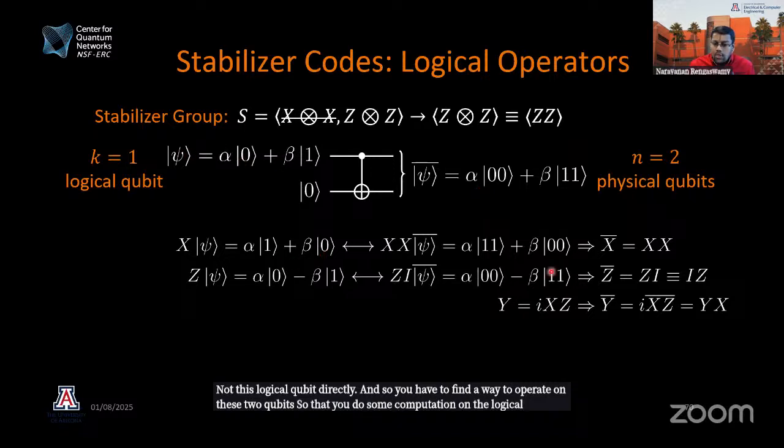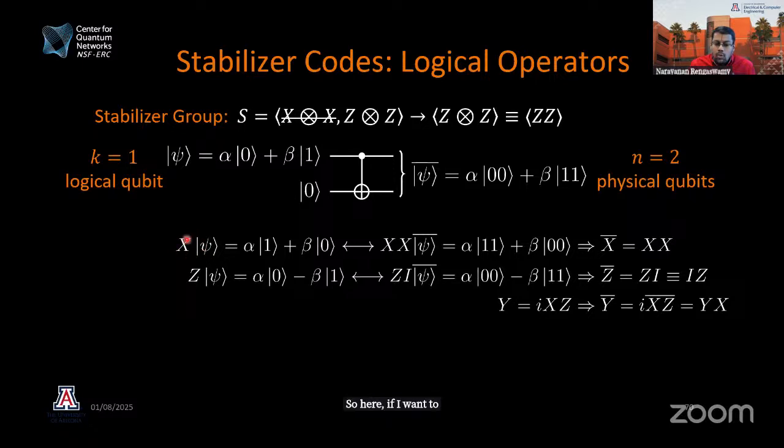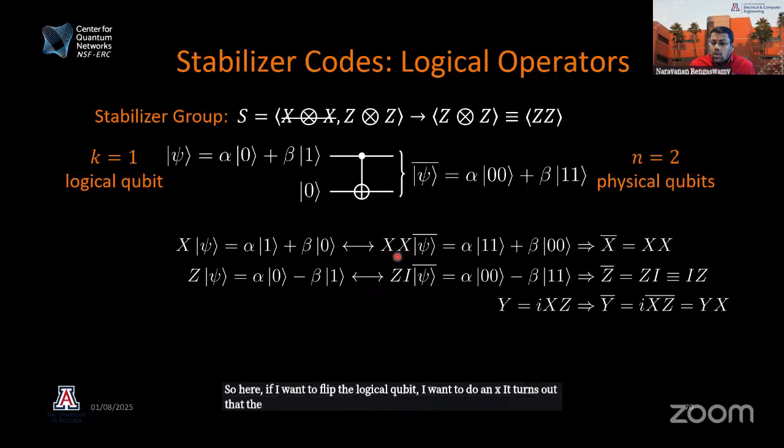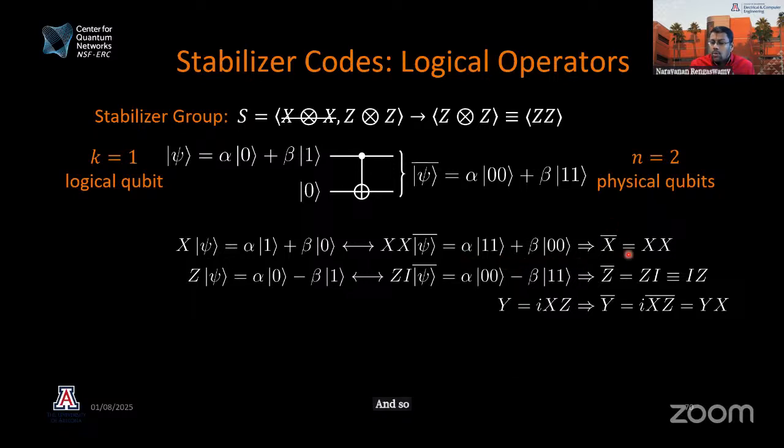And that's what these calculations are showing. So here, if I want to flip the logical qubit, I want to do an X. It turns out that the way to do it is by doing an XX on both physical qubits, and that does exactly the operation that you want. And so the logical X operator is actually the physical XX operation.